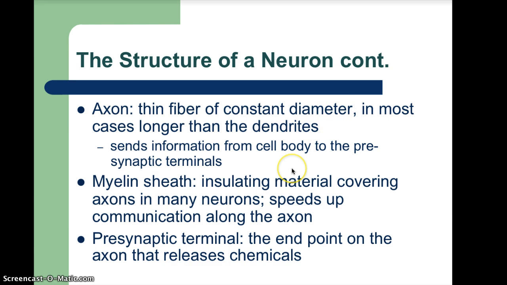Some of the axons are covered in what we call myelin sheaths. Each sheath is composed of a glial cell, and the wrapping of the myelin around the axon allows for faster conduction. If you think about the axon going from the base of your spine down to your big toe, that's a long way for information to go quickly, so that if you stub your toe, you get a reflexive pullback of your toe very, very quickly.